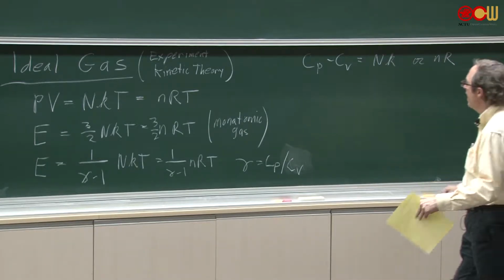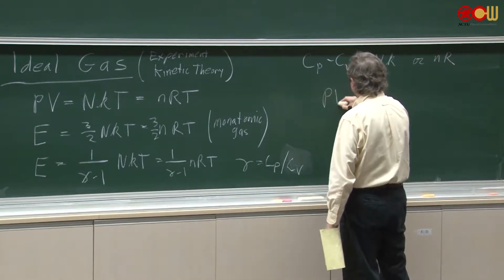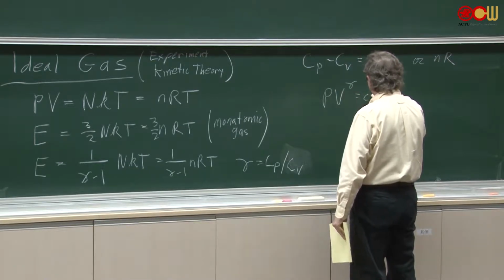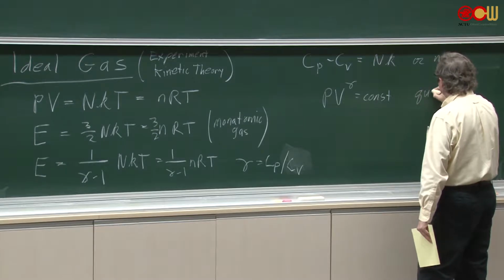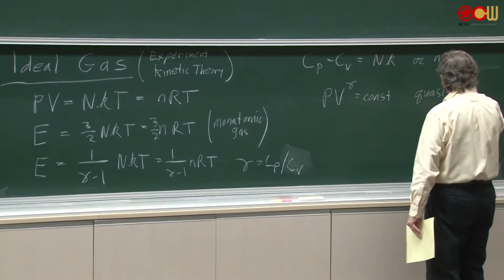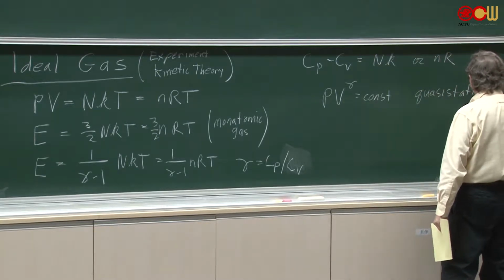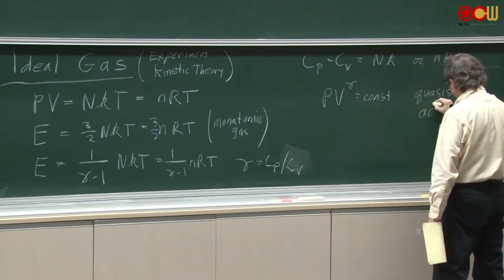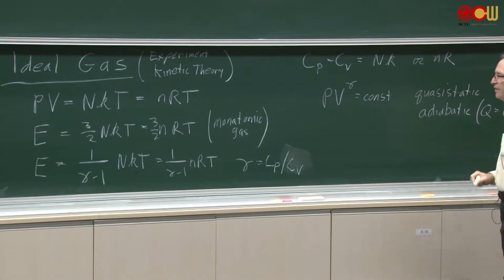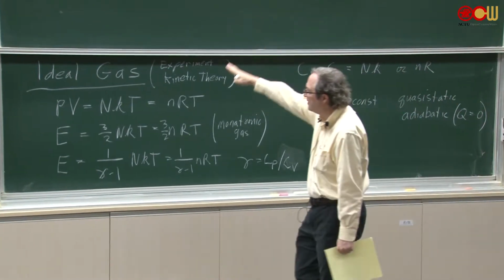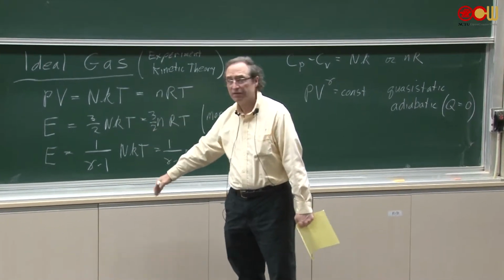And we have this result, PV to the gamma equals a constant for a quasi-static and adiabatic process. All right, that's Q equals 0. All these are equilibrium results.